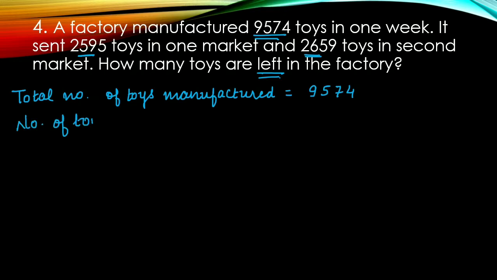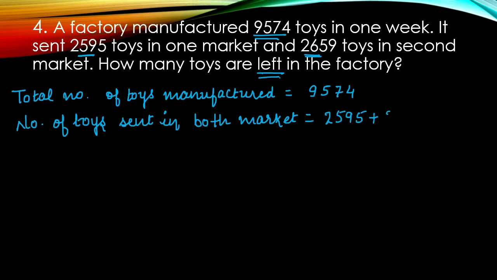Number of toys sent in both markets will be equal to 2595 plus 2659. So add both the numbers, 2595 and 2659. We have to add them.